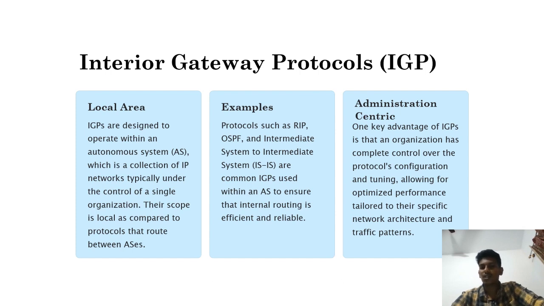Administration centric. One key advantage of IGPs is that an organization has complete control over the protocol's configuration and tuning, allowing for optimized performance tailored to their specific network architecture and traffic patterns.